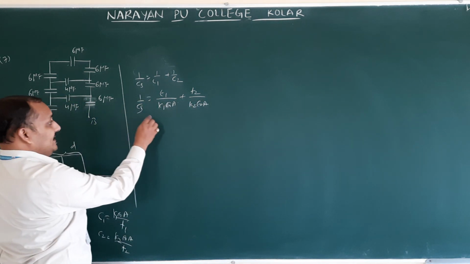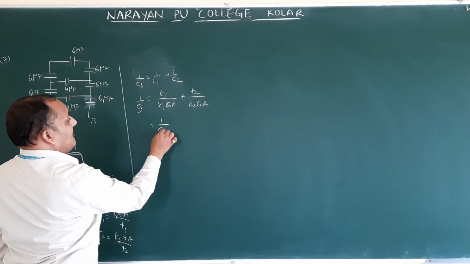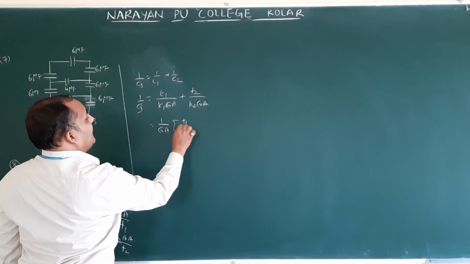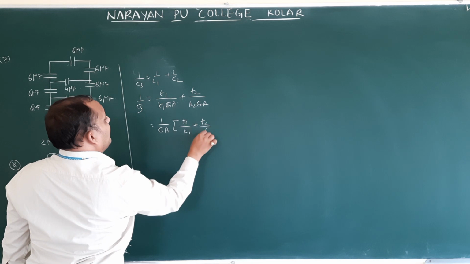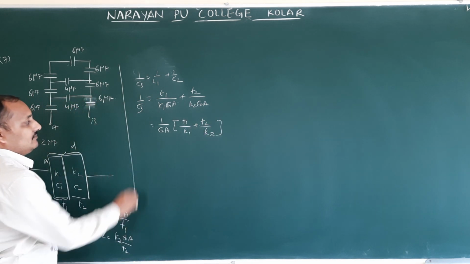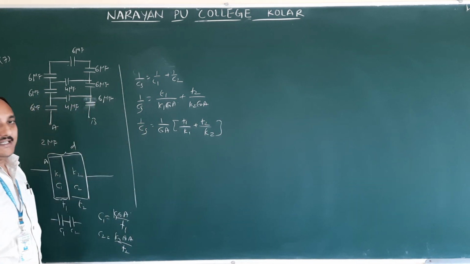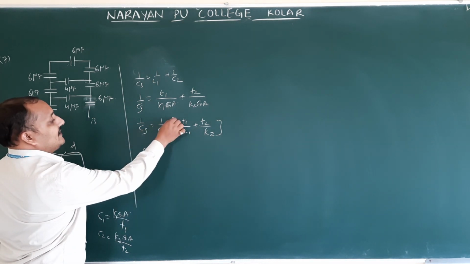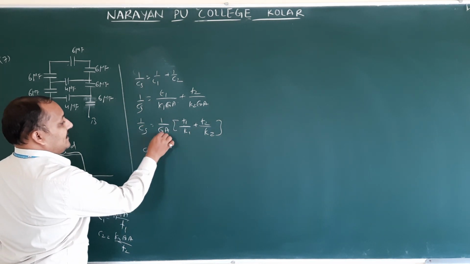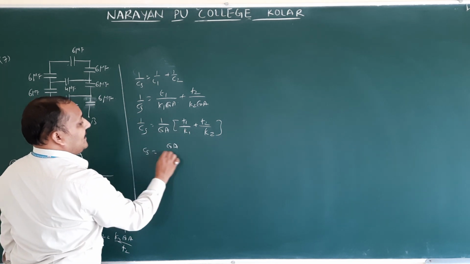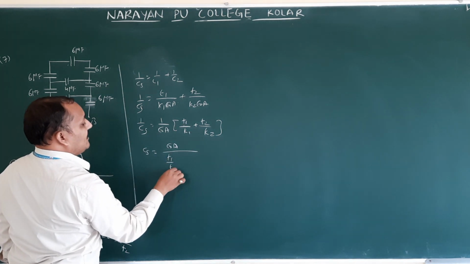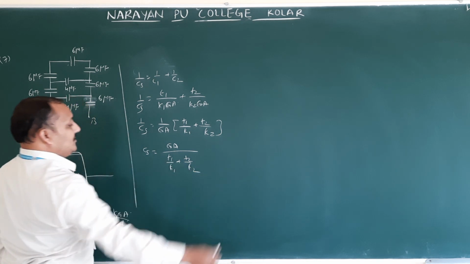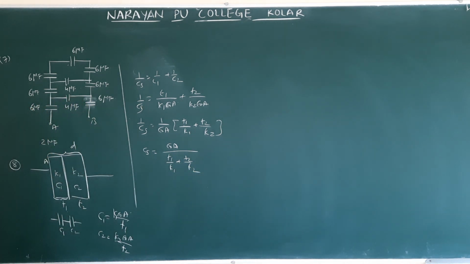We should find CS. What is common in this? 1 by epsilon naught A, times T1 by K1 plus T2 by K2. This is 1 by CS. Then CS is nothing but epsilon naught A divided by T1 by K1 plus T2 by K2. Correct? So this is CS.